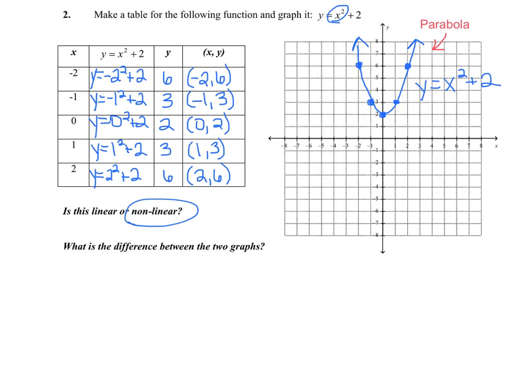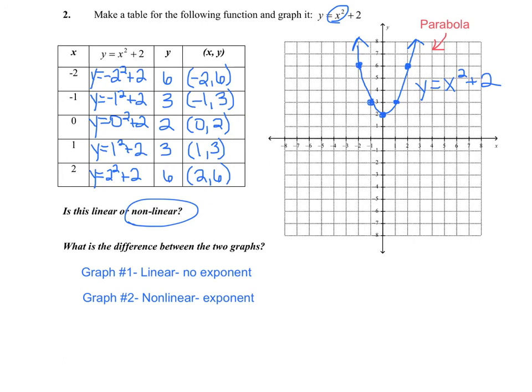So what is the difference between the two graphs that we just graphed? In graph number 1, it's linear. There was no exponent in the function. And graph 2 is nonlinear. There was an exponent in the function.